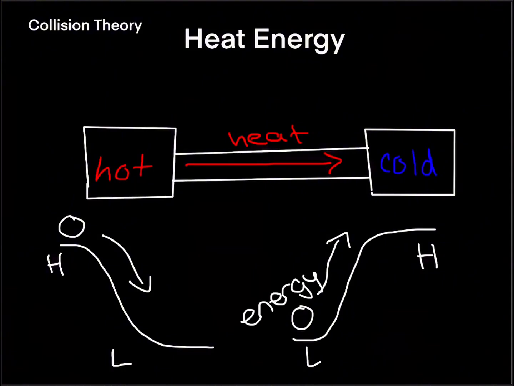That would be non-spontaneous. Whenever you have a spontaneous reaction, it's going to have a positive entropy, higher disorder, because it happens naturally without any energy, while non-spontaneous reactions have negative entropy and require input of energy.